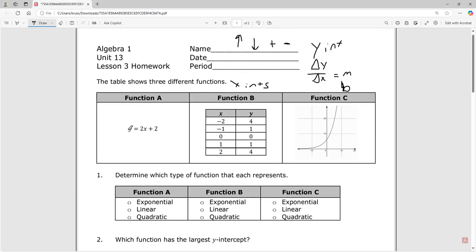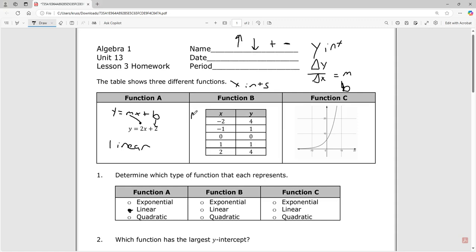Okay, so we have 3 functions. We have this function, y equals mx plus b, right? Y equals m, which is some slope, times x, which is the variable x, plus b, right? So this is a linear function. Here we have to look at our changes in x.